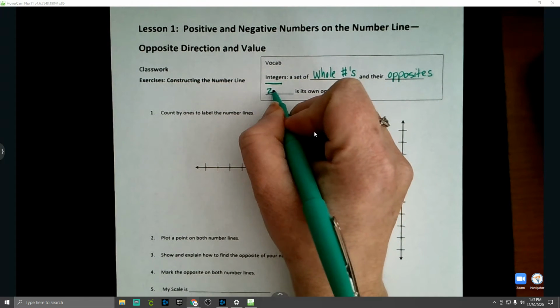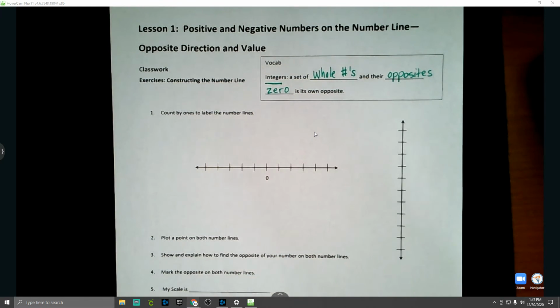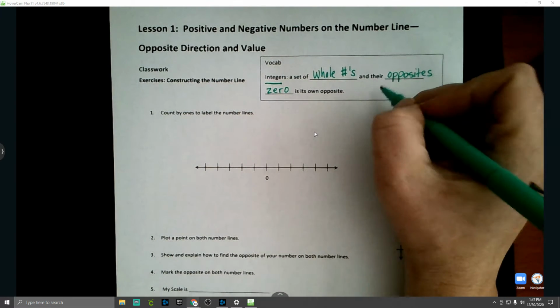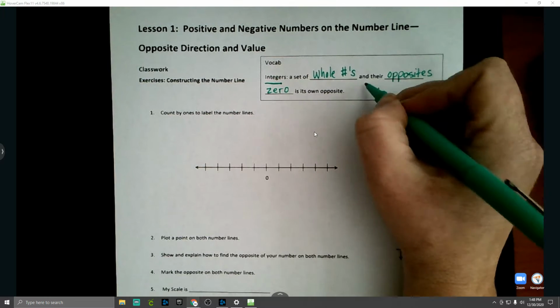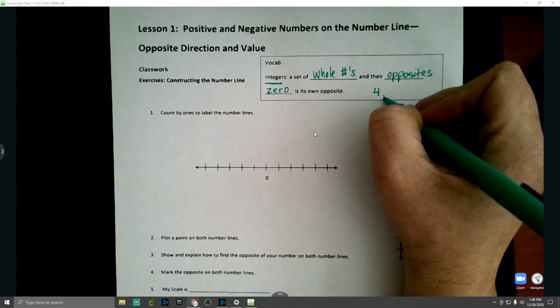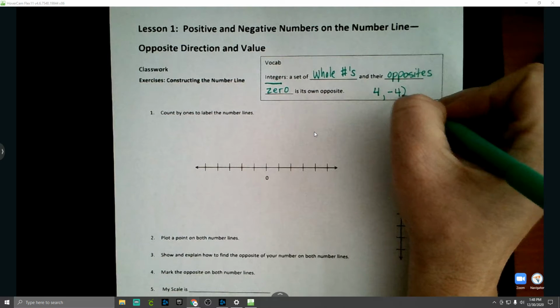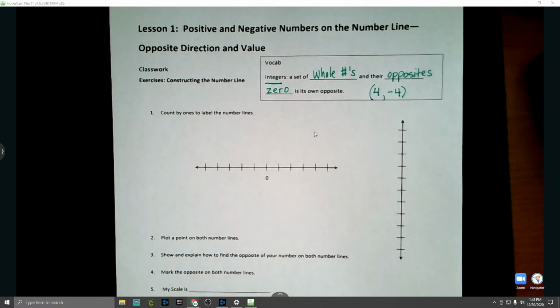Zero is its own opposite. So for example, a whole number would be 4, and the opposite of 4 would be negative 4. And this would be a set of numbers.